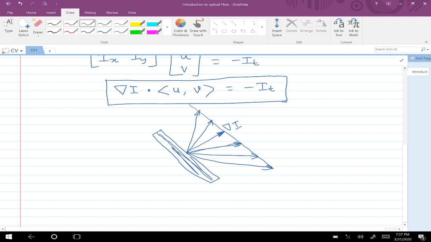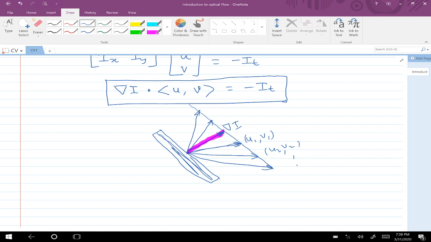All these would give you the same inner product when you take the inner product with the gradient of I. Let's call these u1 v1, u2 v2, and so on. All of them would give you the same inner product, which could be equivalent to, let's say, the I_t that you are looking at.